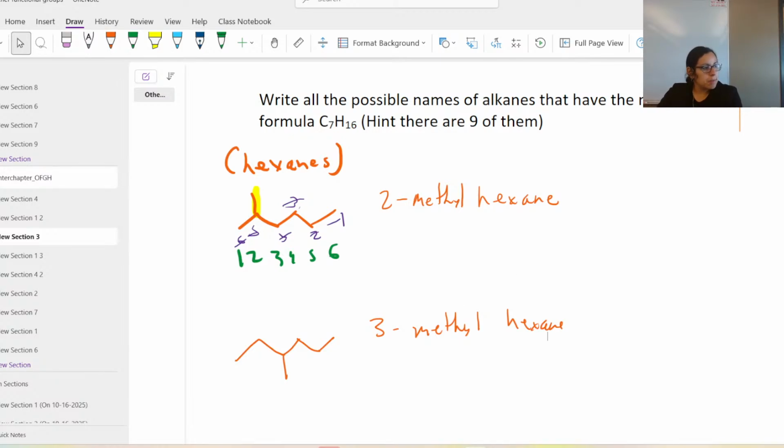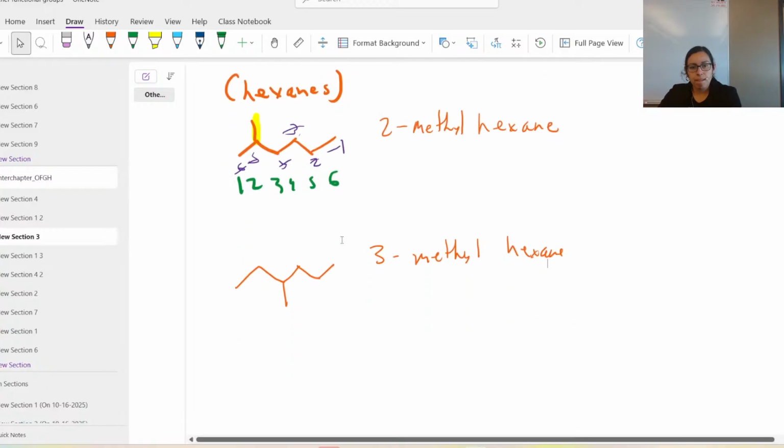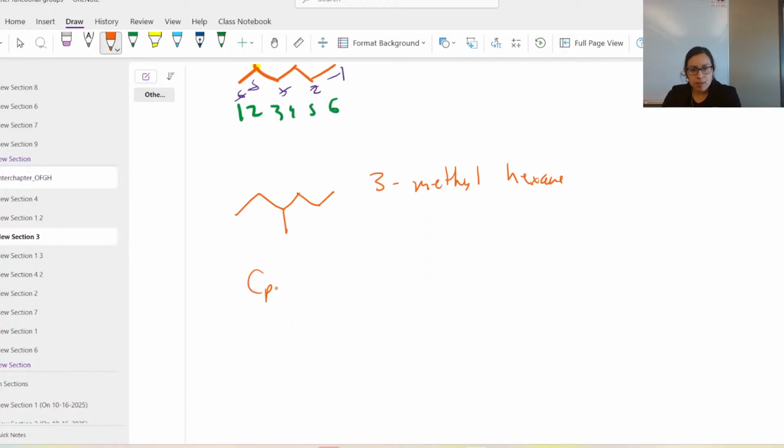All right, so let's now think about the next number. What about pentane? What are some permutations, combinations on this one? So 2 and 4, good.